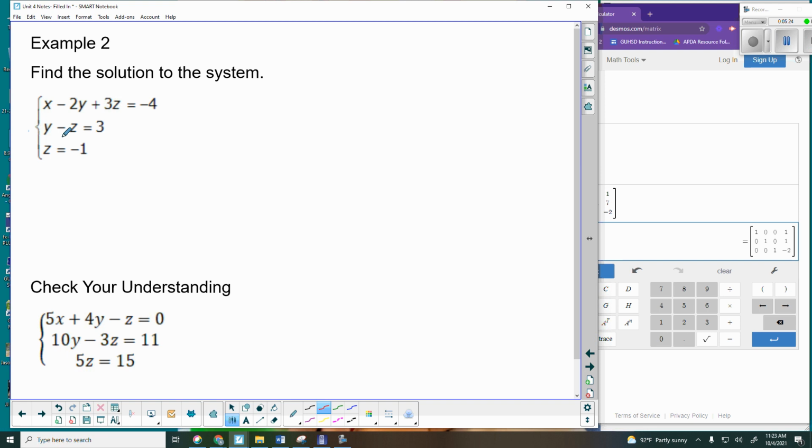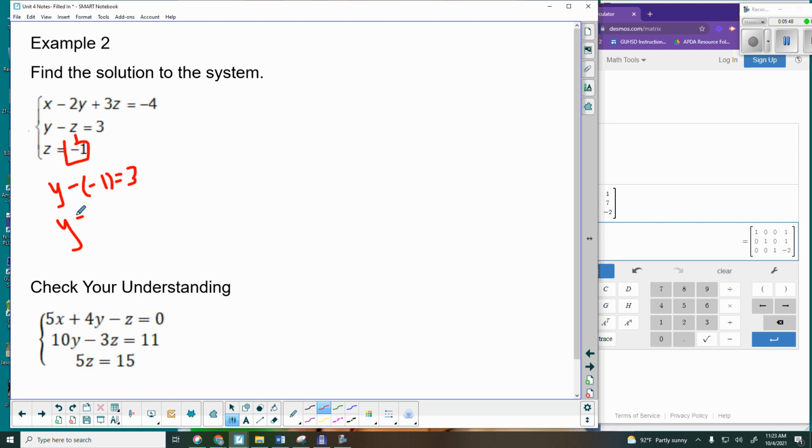So in place of z, I'm going to put this -1. So y minus -1, don't forget parentheses when we substitute, equals 3. I'm sorry, you guys, I'm using a mouse, so it's a little messy looking.